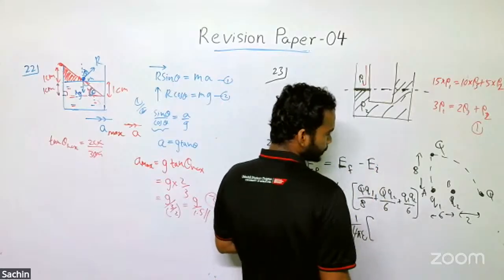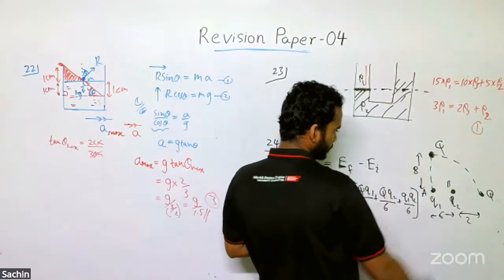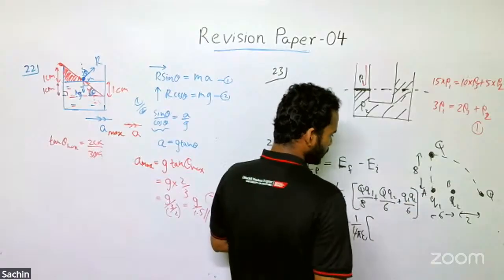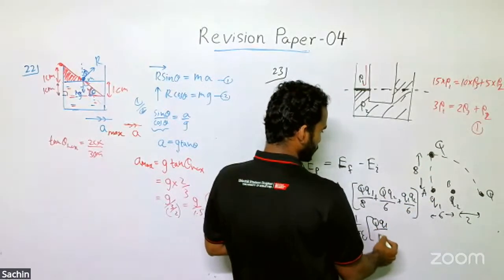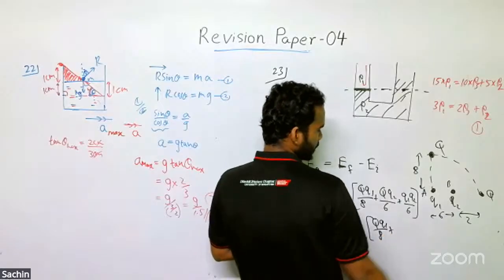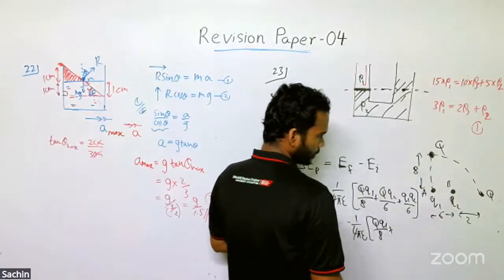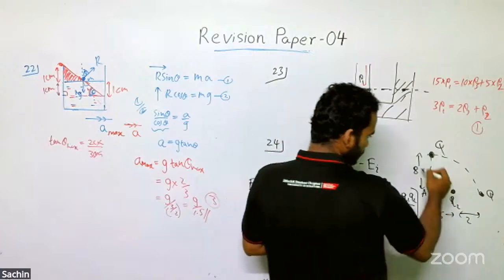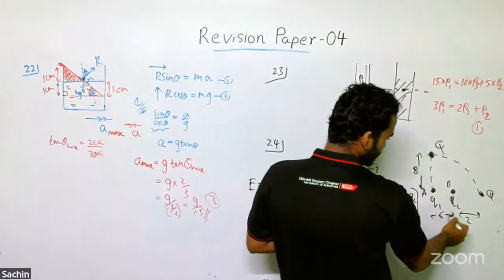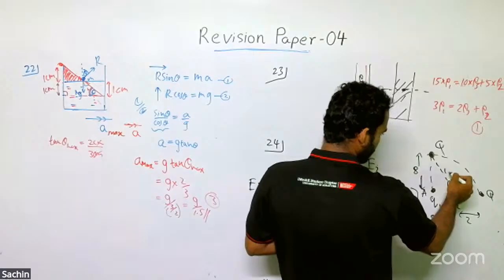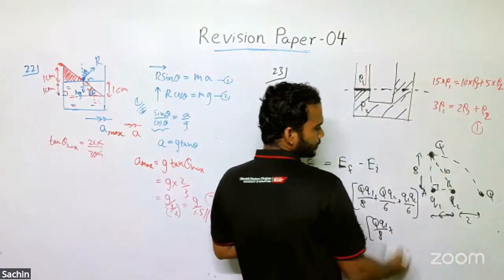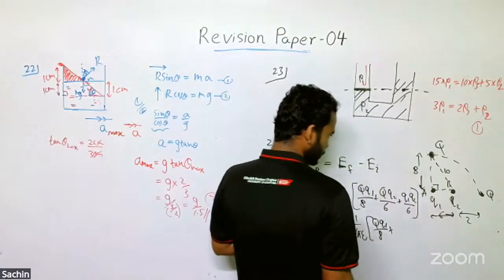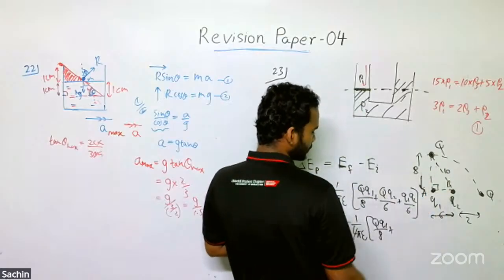So what is the initial? Initially this Q was here. So at this point, between these two, Q1 over 8 plus between these two, what is the potential energy? This is 8 and this is 6, so this should be 10, right? This is a right angle triangle. So 6, 8 means this should be 10. That is just the Pythagoras theorem.